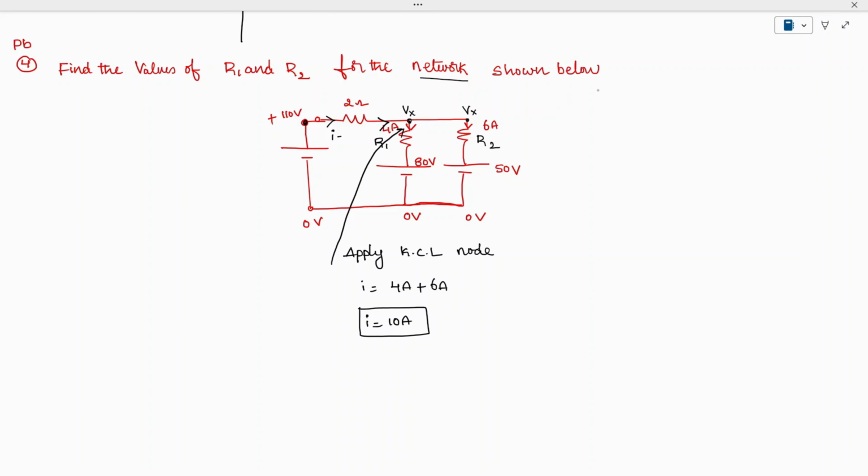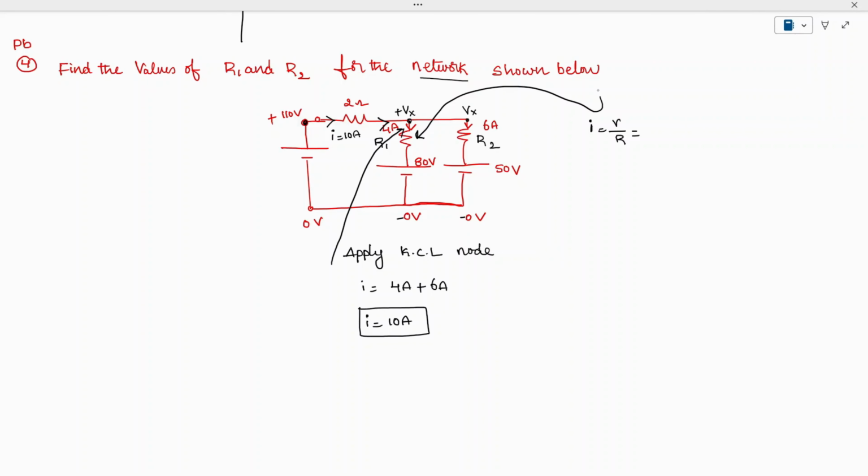Therefore the value of I is equal to 10 amperes. Now I'm going to apply nodal analysis to solve this problem. How do we write the current in this branch? Current I is equal to V by R. What is the voltage at this point? This is the positive terminal, this is the negative terminal.